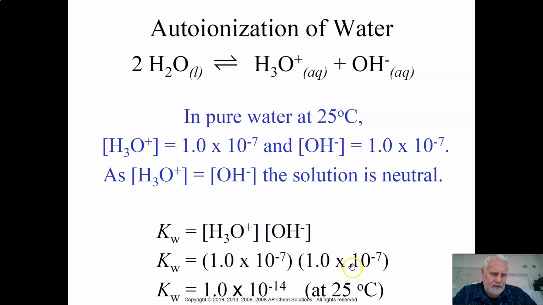Okay, those are both the same. You multiply those together, you add the coefficients to get 1.0 times 10 to the minus 14th. That's the KW for water at 25 degrees Celsius.